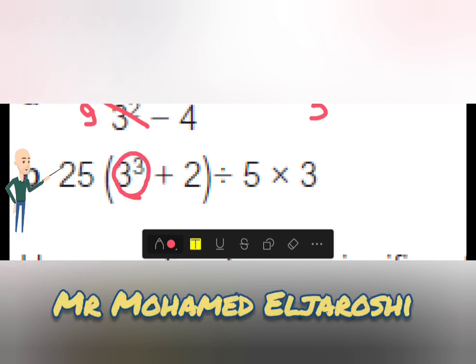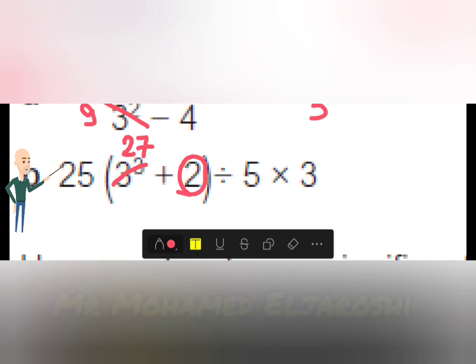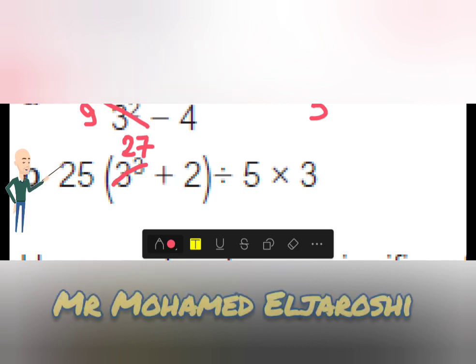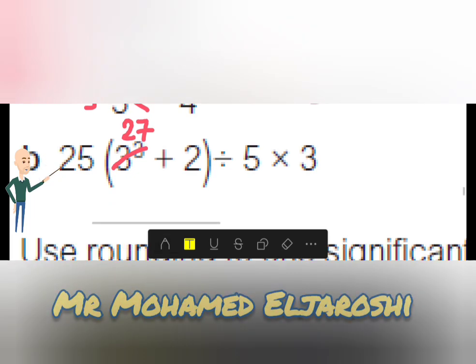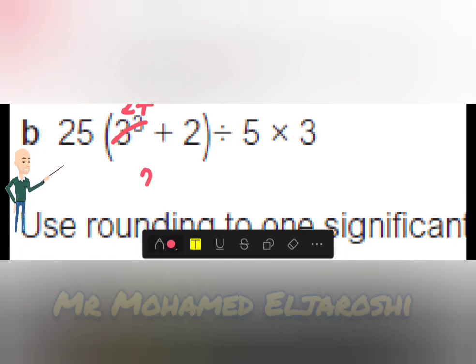So 3 to the power of 3 is 27. So I remove it and write 27. Okay. And then 27, we add it with the 2 here because it's inside the bracket. So I finish the power and then do what's inside the bracket. And 27 plus 2 equals 29.